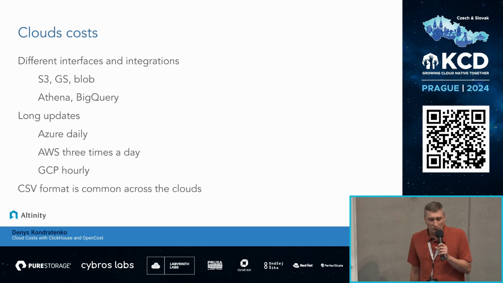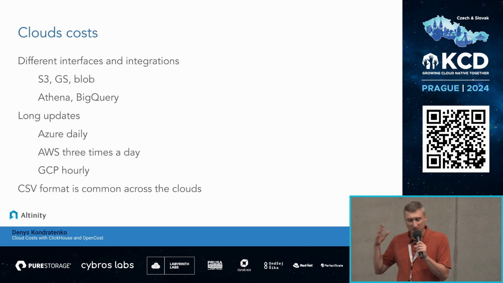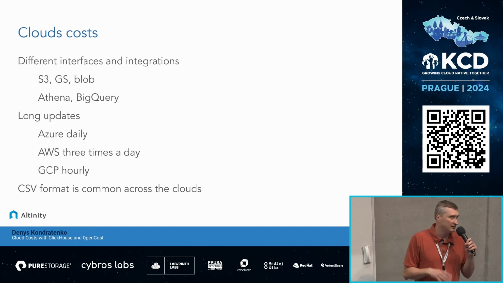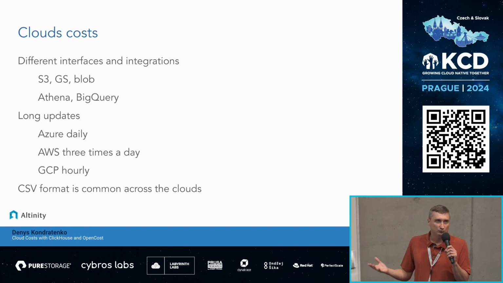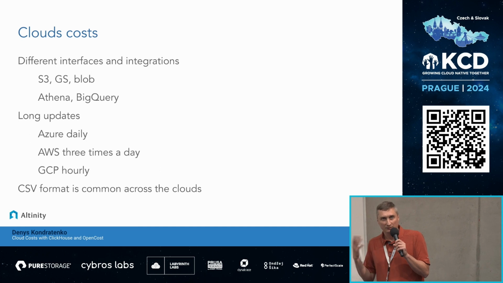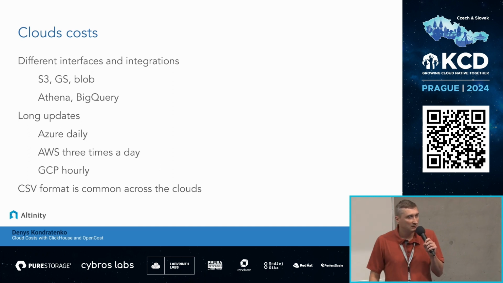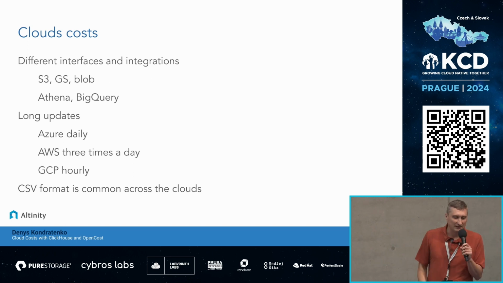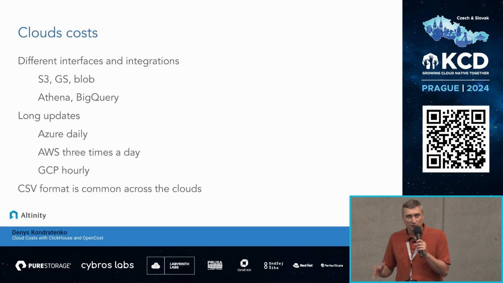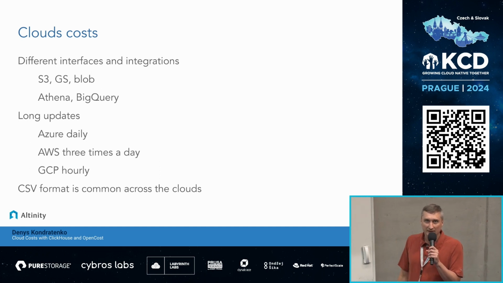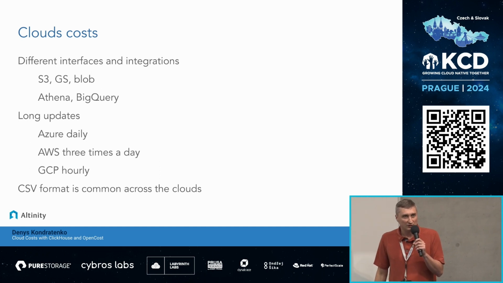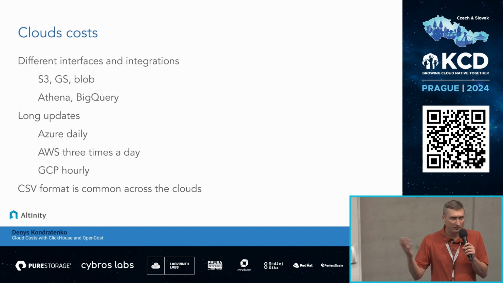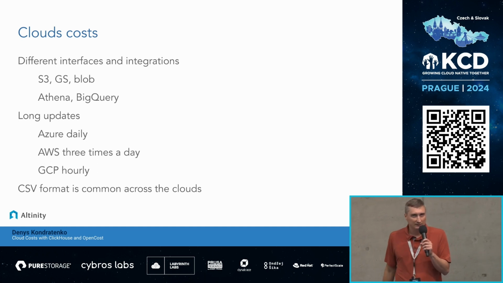Cloud costs, what are those? Actually every cloud exposes some kind of interface. AWS, GCP, Azure, they give you the possibility to see the cost in their UI, as well as to export them. But all of them are different. AWS exposes it as the cost and usage report, for example, or you can upload those usages and costs to the Athena database and get it from there, like query, or maybe export it from Athena in some format.